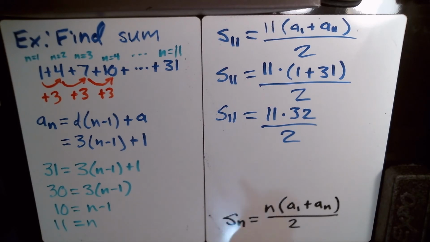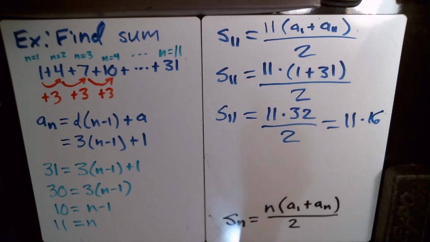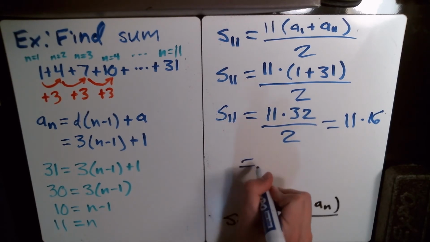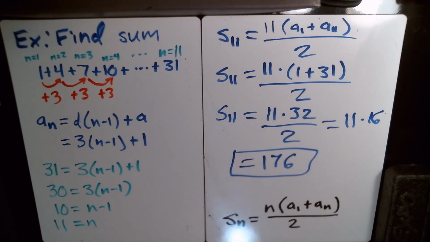Or in other words, I think this would be 11 times 16. And so what would that be? We'll have to throw that in the calculator. $176. Okay, so that's going to be the sum on this one.